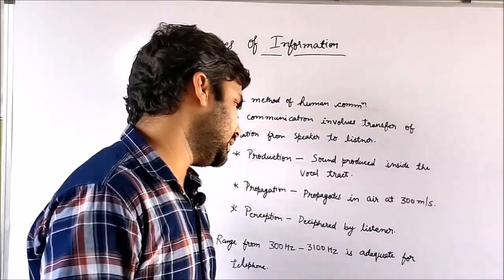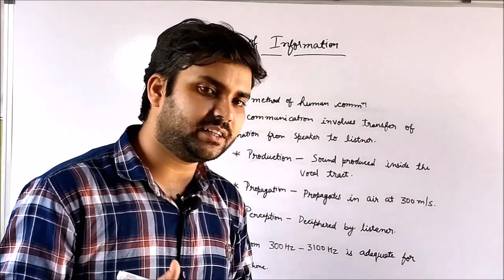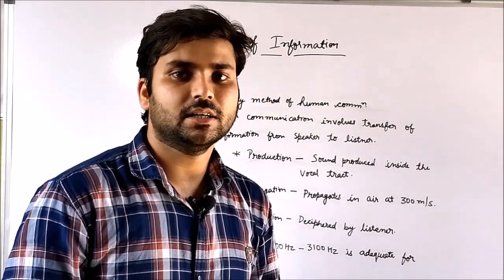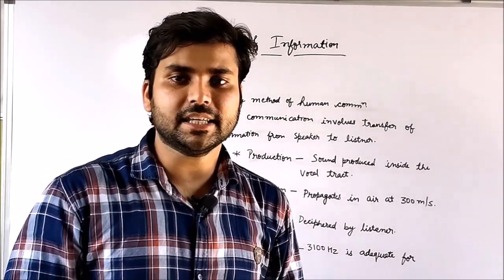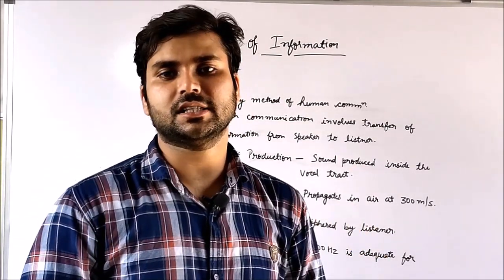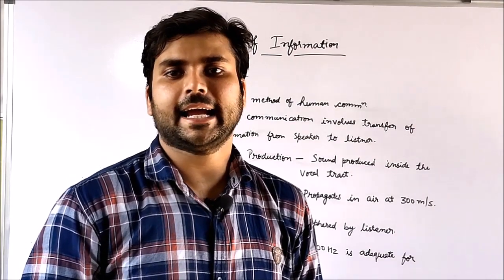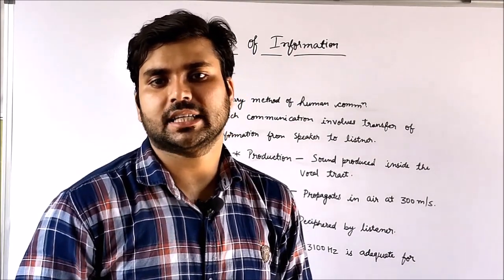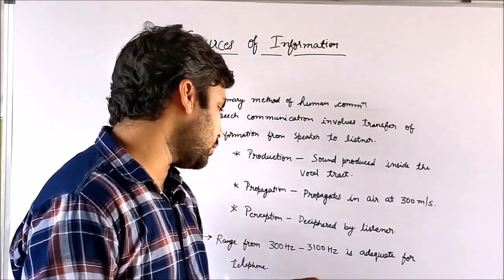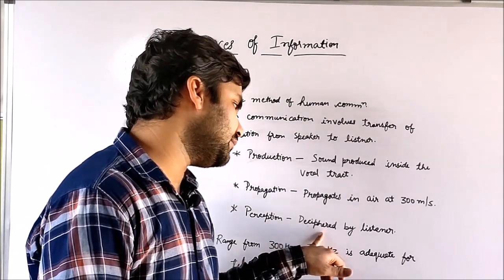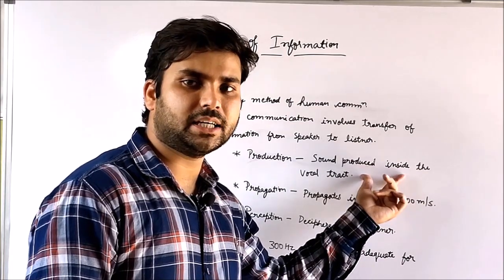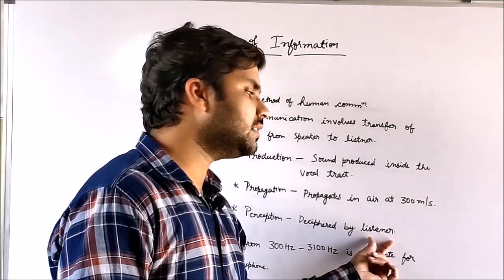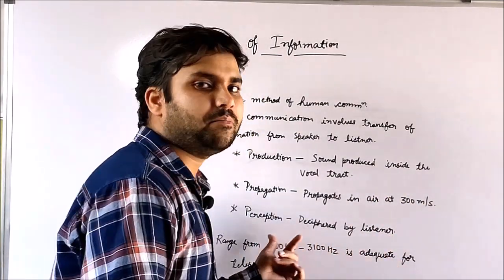And the perception: whatever is being sent to any listener, they are receiving the signal through their ear, and their mind is processing it and understanding it. That is called the perception, deciphered by the listener. Whatever sound is produced by a speaker is deciphered by the listener.